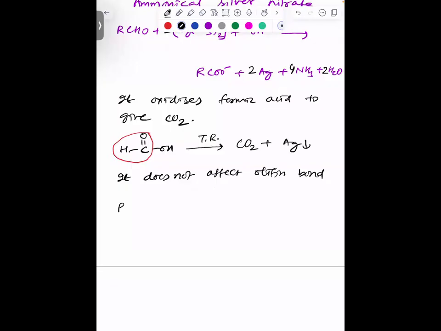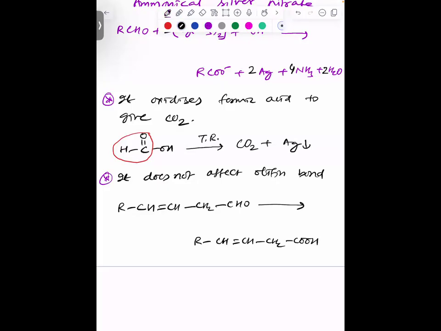So we take a compound, and if it is asked to be converted to this, then which reagent is to be used successfully for the conversion of this?